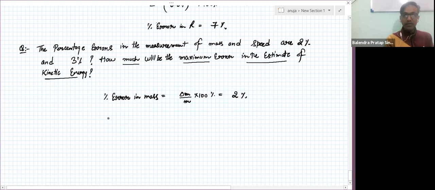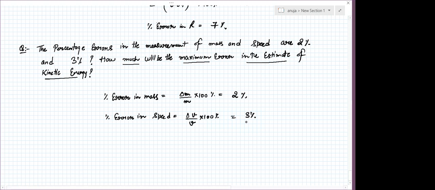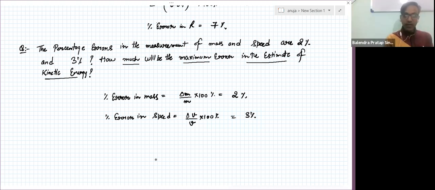And the percentage error in speed is delta v upon v into 100%, which is here 3%. Is it okay up to now? Yes, sir. Now you have to find the maximum percentage error in kinetic energy.